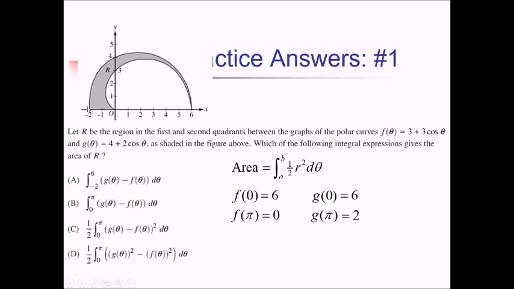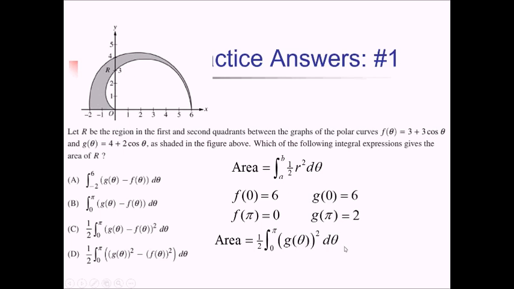So for my area, I need to take the area under g and subtract the area under f. The area is going to be 1/2 integral from 0 to pi of g of theta squared d theta, with the 1/2 outside, that's the outer area.